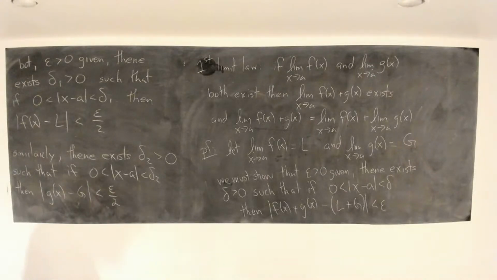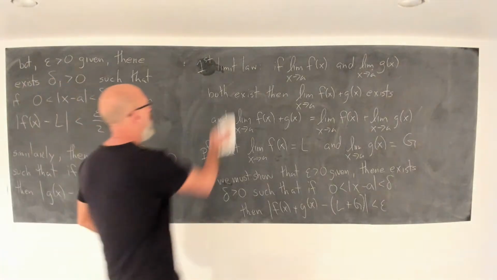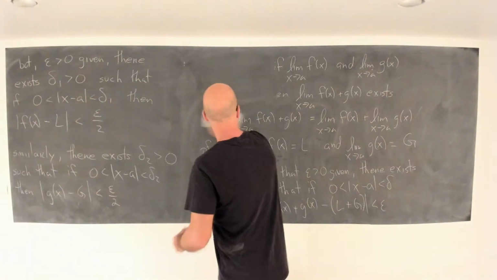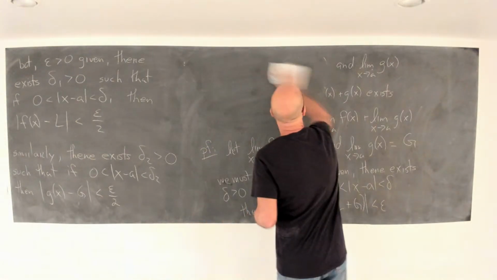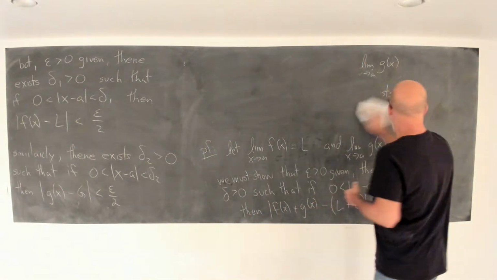It's a valid question. Why epsilon over 2? You'll see exactly why in a minute.